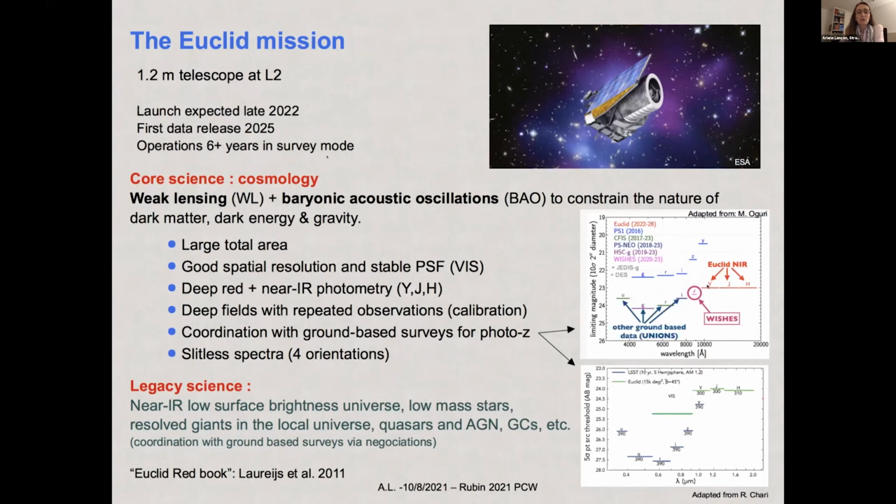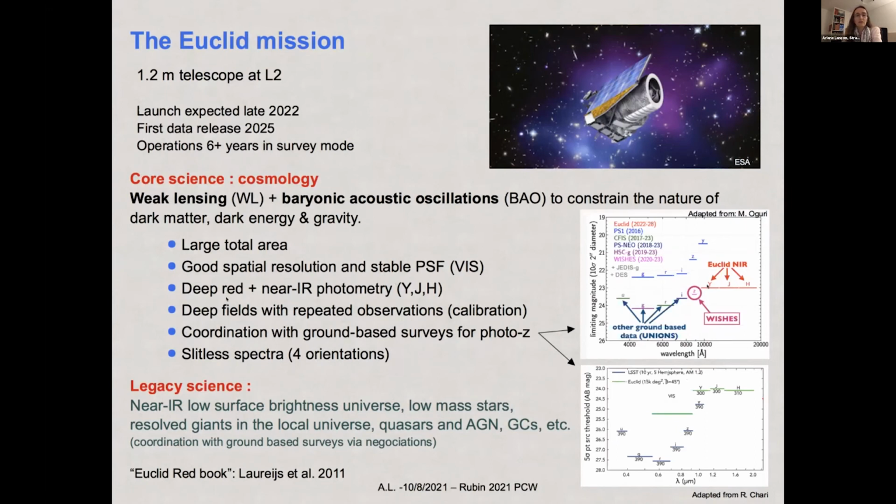I'm not going to focus on cosmology at all, but this sets the survey properties. And so the constraints were that the survey should have a large total area, a large fraction of the sky should be covered. It should have a good spatial resolution and a stable PSF so that you can measure the shapes of galaxies for weak lensing. It should be deep, in particular in the near infrared, so you can measure redshifted galaxies.